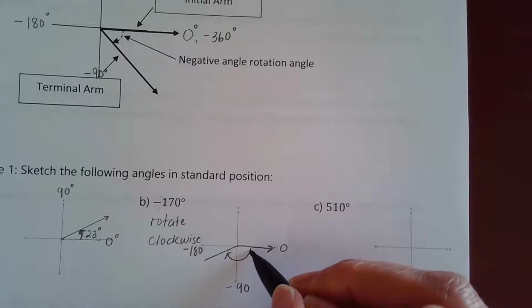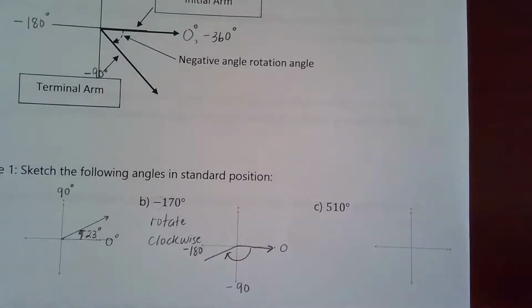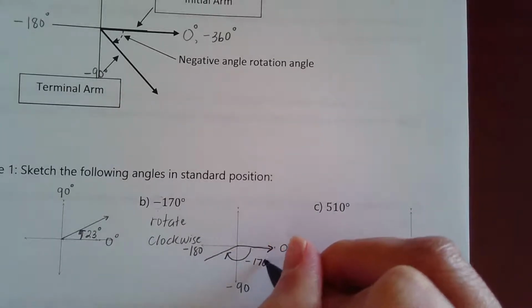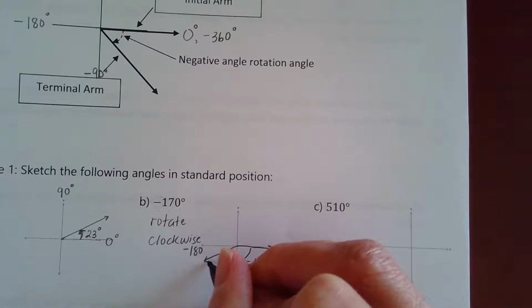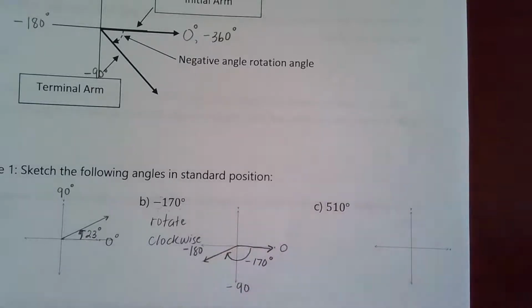Okay, so we're showing our rotation going this way. It's negative 170 degrees. And this is the terminal arm. This is where it stops. Okay, so that's that one. That's not so bad.